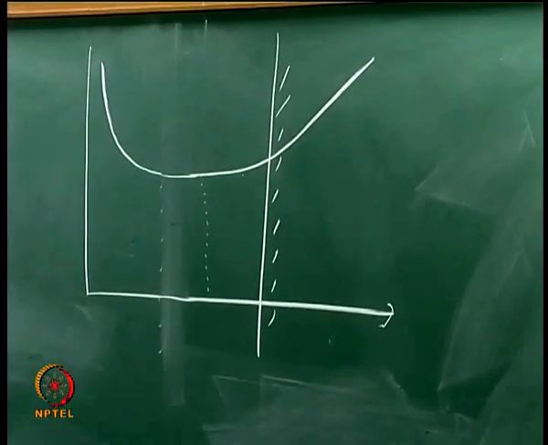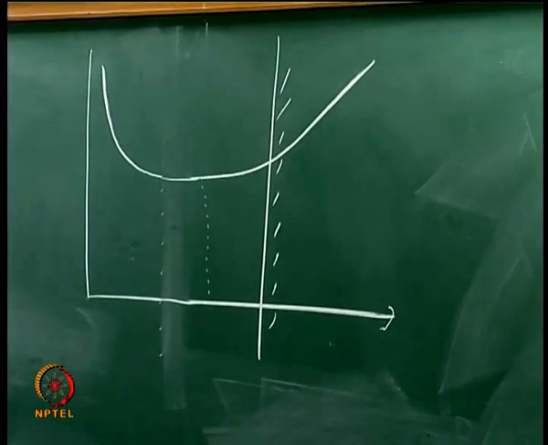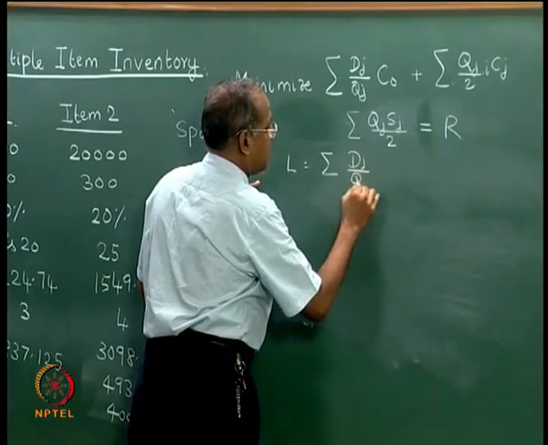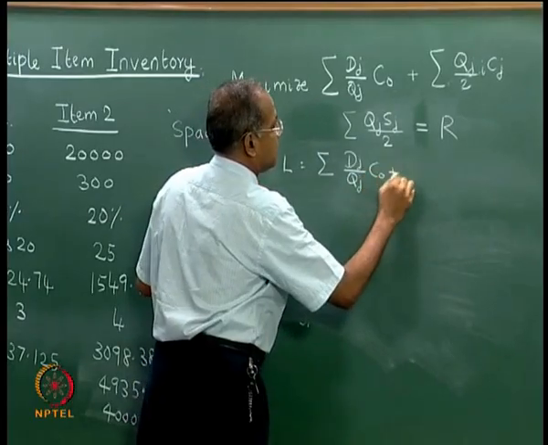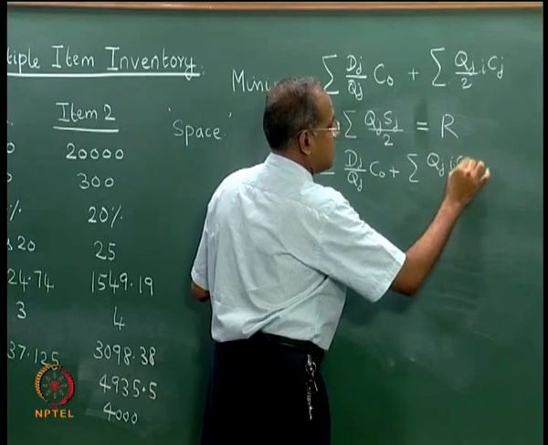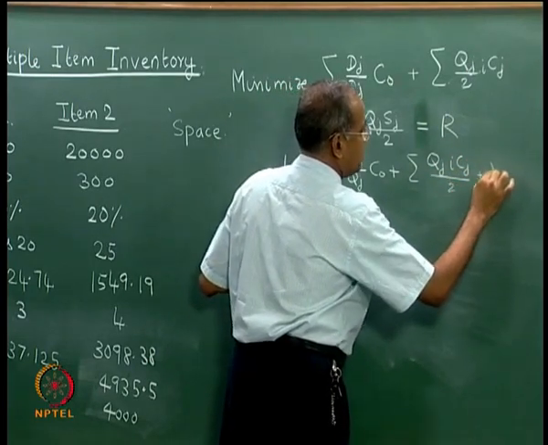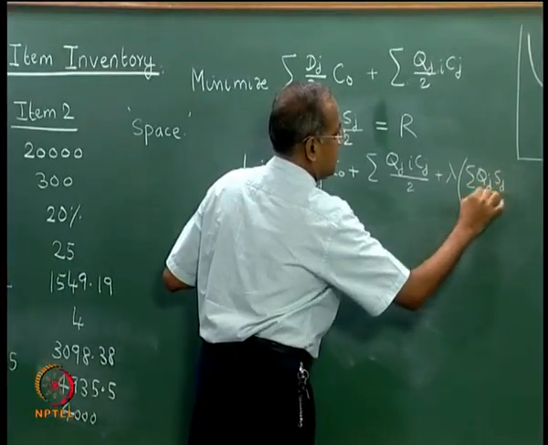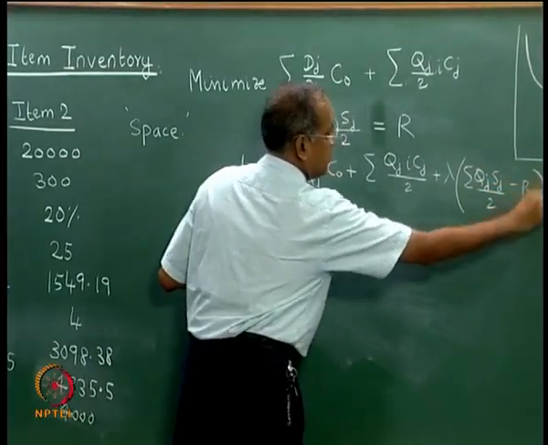So the Lagrangian is dj by qj C naught plus sigma qj I Cj by 2 plus lambda sigma qj Sj by 2 minus R.